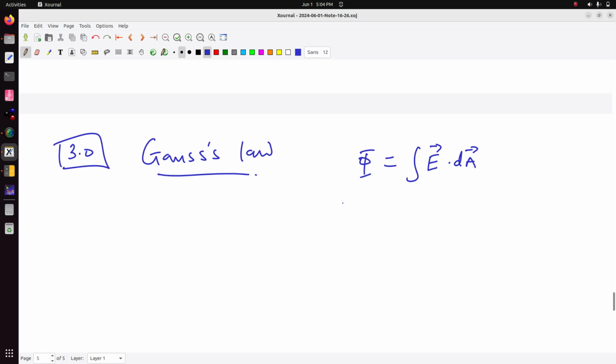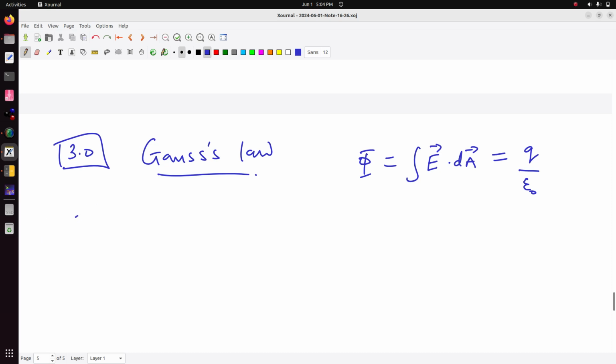Gauss law states that this electric flux is equal to the ratio of the charge to the permittivity of free space, Q over epsilon naught.